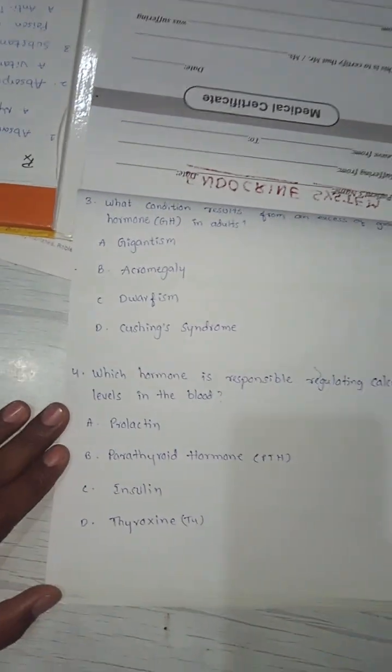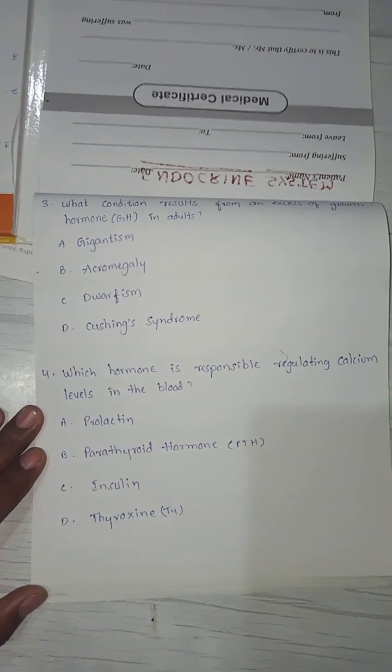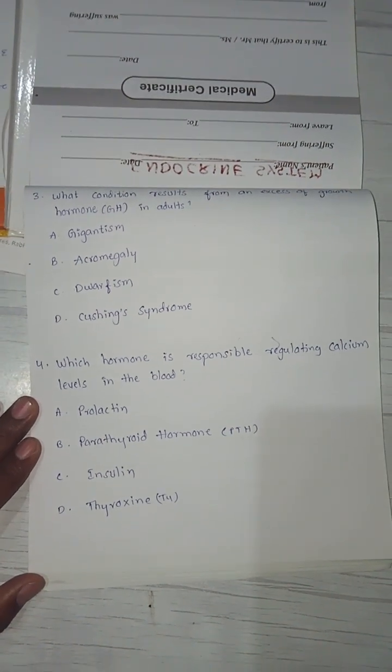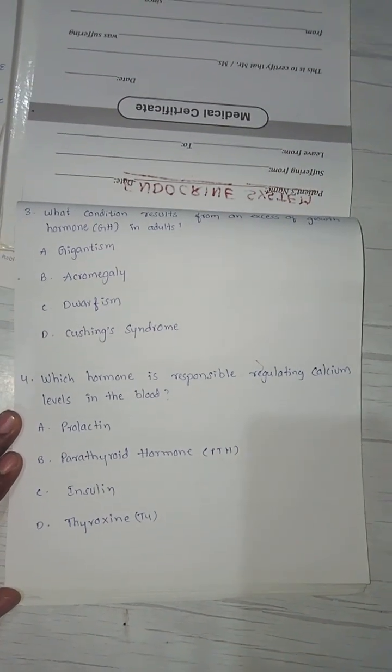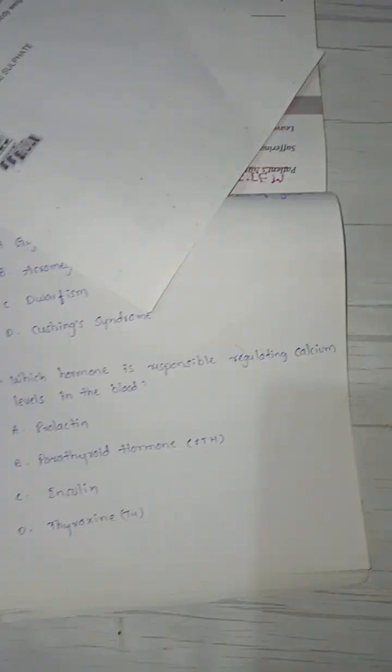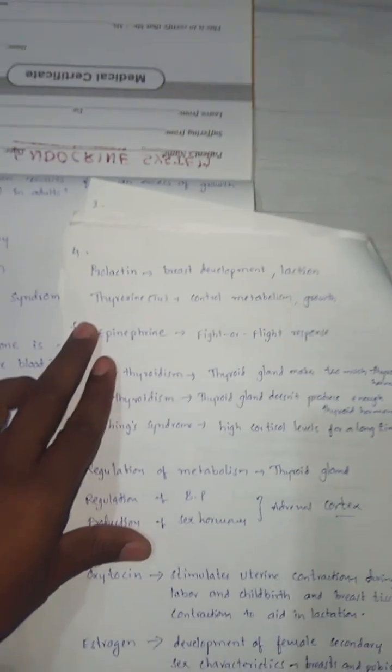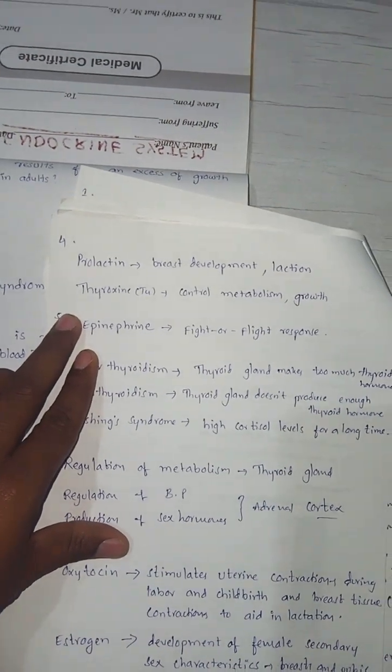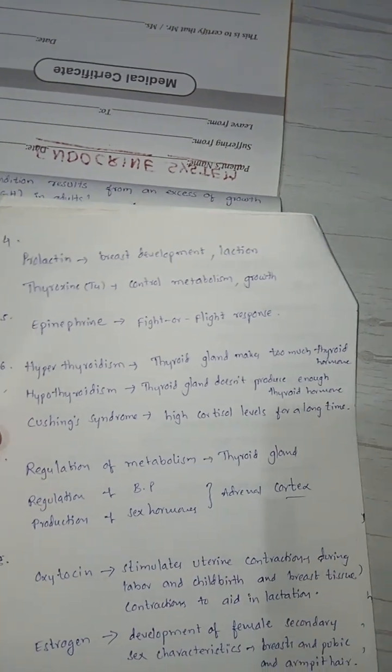Our answer is parathyroid hormone. The parathyroid hormone is responsible for regulating calcium levels in the body. So you can see the other options also. Option A, prolactin, is responsible for breast development and lactation.